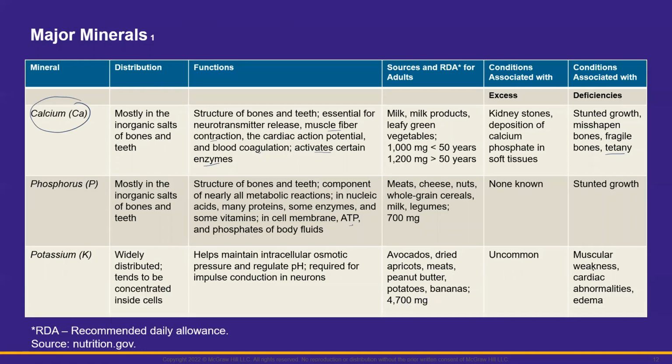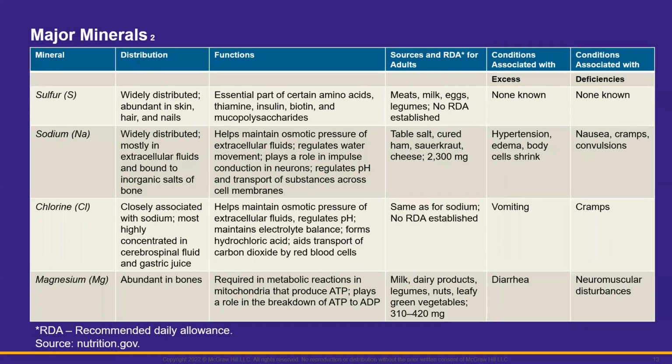Excess uncommon. Deficiency: muscular weakness, cardiac abnormality, and edema. Sulfur, widely distributed, abundant in skin, hair, and nails. Essential part of certain amino acids, thiamine, insulin, biotin, and mucopolysaccharides. Source: meat, milk, eggs, legumes.